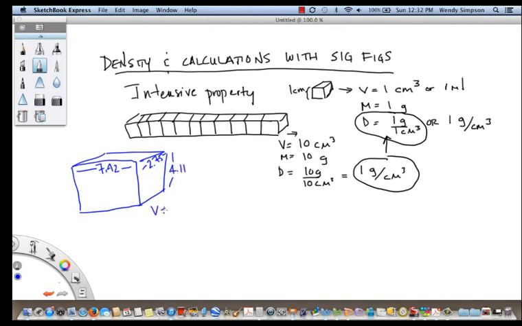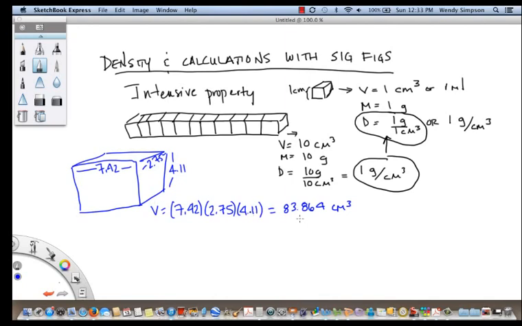So when I measure the volume, I have 7.42 times 2.75 times 4.11. I punch that all into my calculator, and I get 83.864 centimeters cubed. Okay, now can I use this answer as my volume of this material?